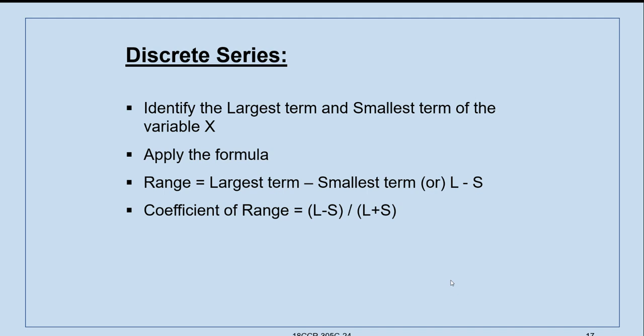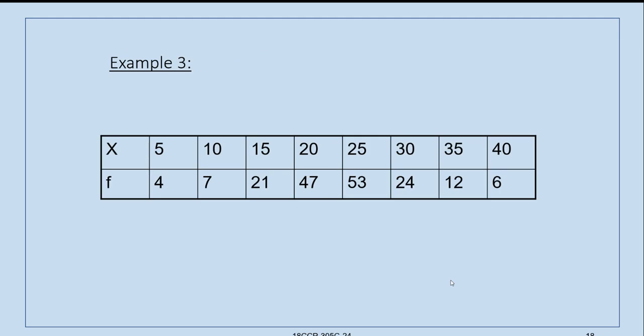We will consider only the X series. Frequencies are ignored here. The highest value in the X series and the lowest value in the X series we will take and calculate the range and coefficient of range. The same formula is applied here also.